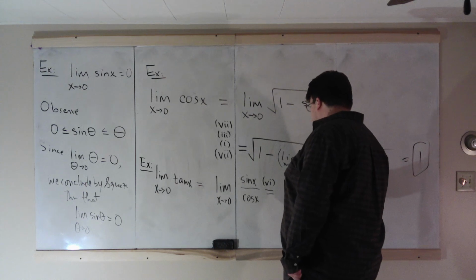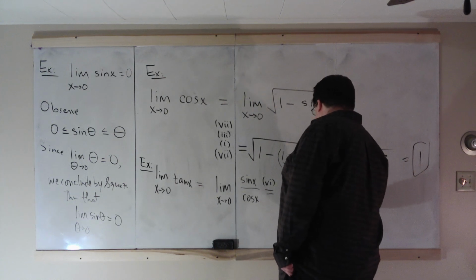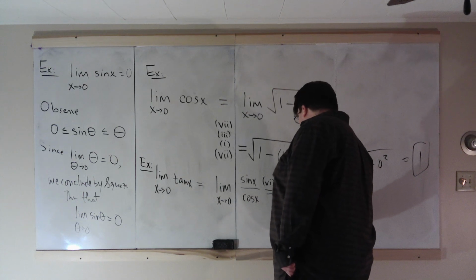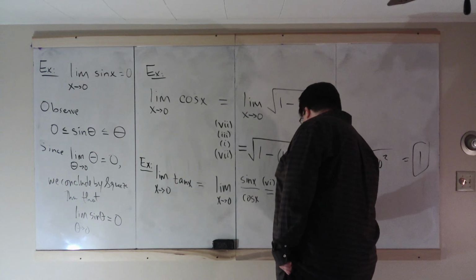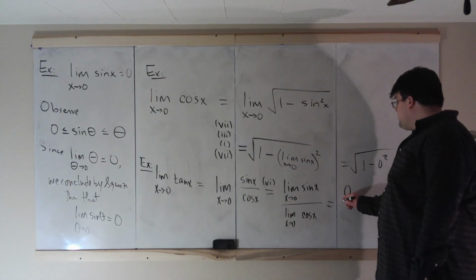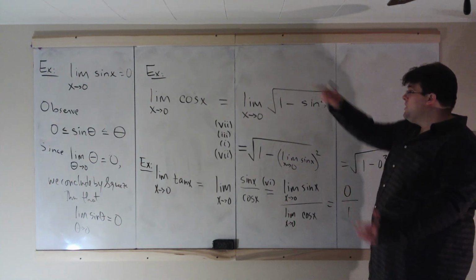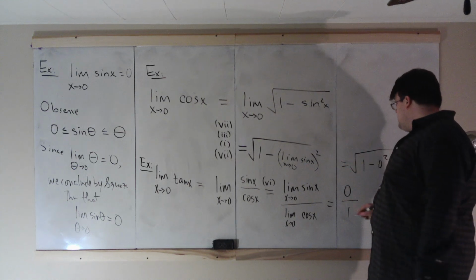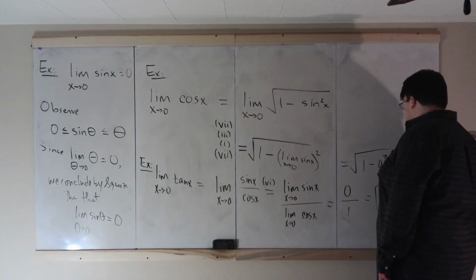We can push the limit into each piece of the quotient. And then we can compute both limits by the previous two examples. The limit on top is 0, the limit on the bottom is 1, and 0 over 1 equals 0.